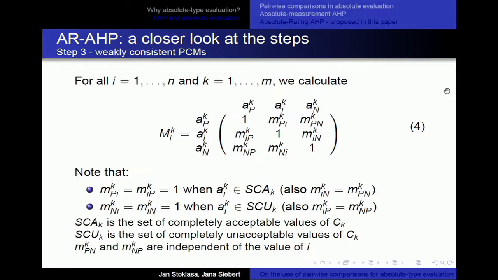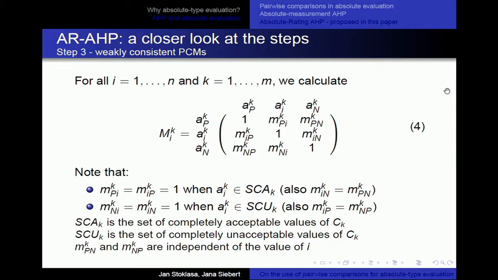And at the end of the day, we are working with rather small matrices. We are comparing each alternative with the positive and negative ideal. This value remains the same for all the alternatives because you're comparing positive and negative ideal of the criteria, so it cannot change, alternative from alternative.